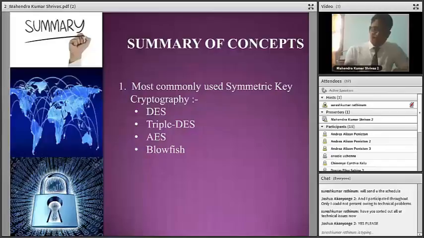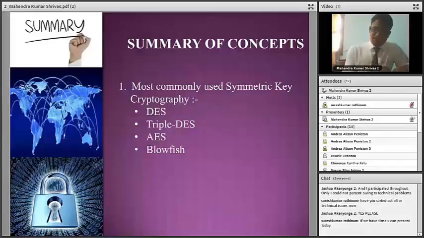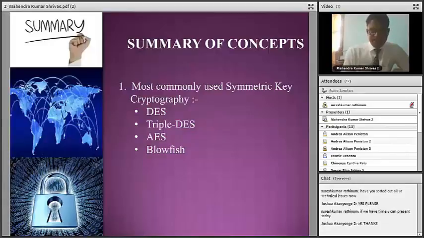Then they encrypt that block and generate the encrypted text, and then we send it. At the receiving end, we receive all the chunks of data, decrypt them, and get the original message at the receiver end, right?